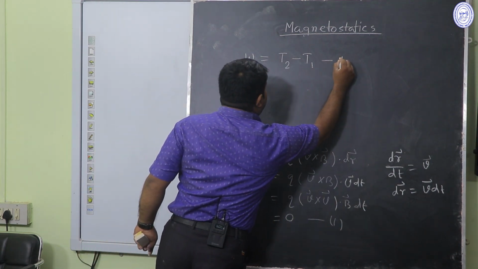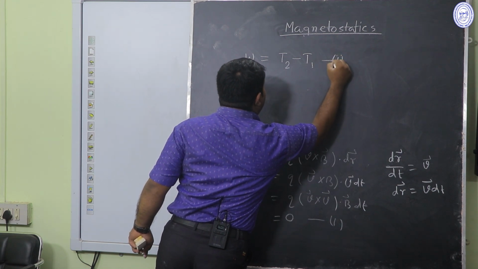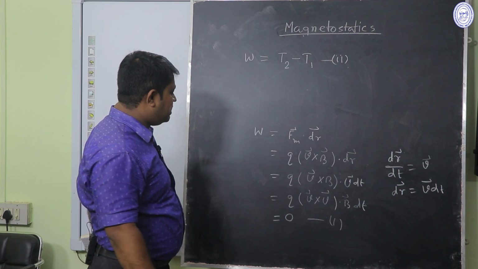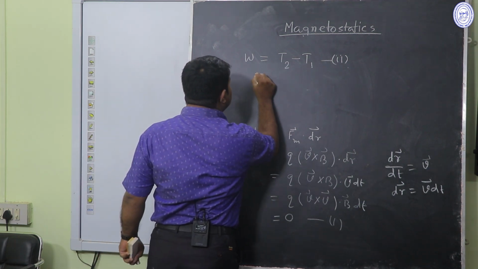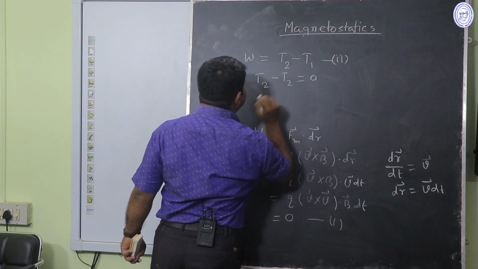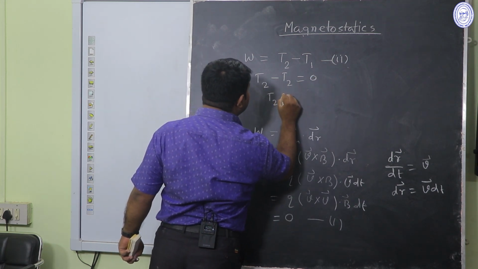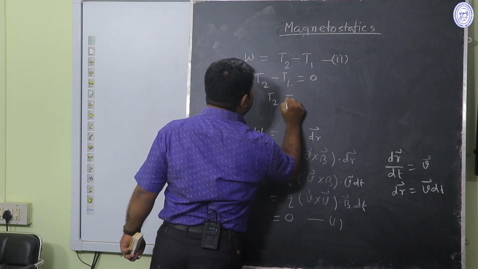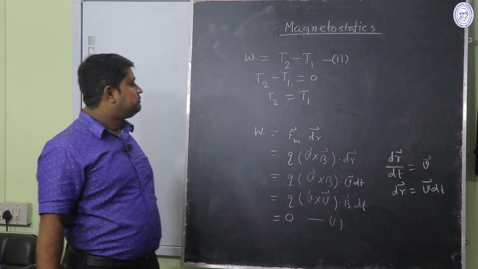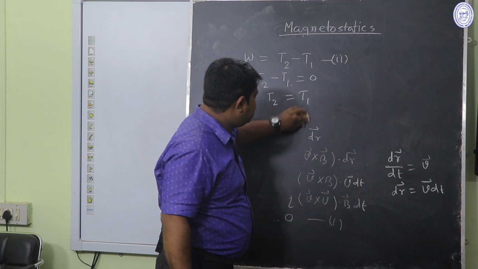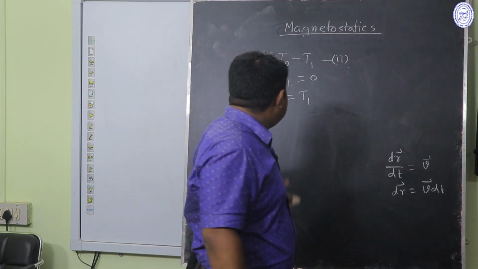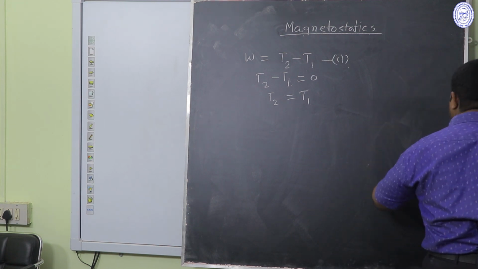Suppose this is equation number 2. So, comparing equations 1 and 2, we can write T2 minus T1 is equal to 0. So, T2 is equal to T1. This means that the magnetic force does not change the kinetic energy of the charged particle.